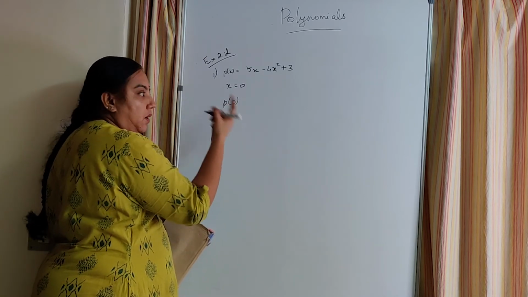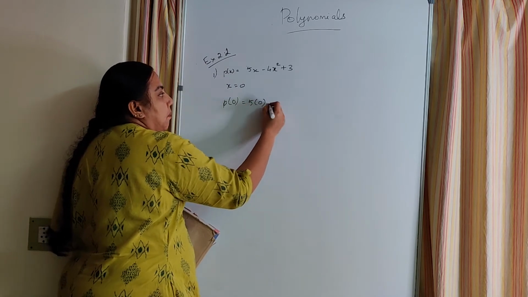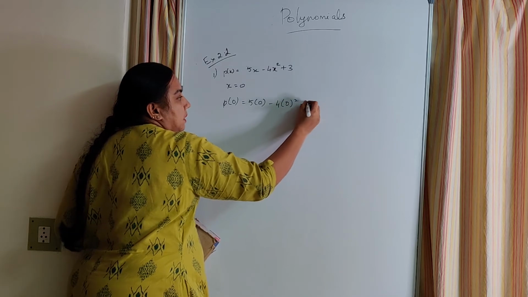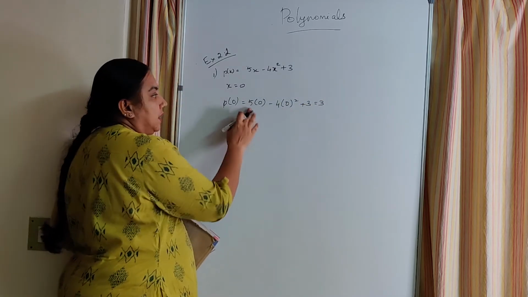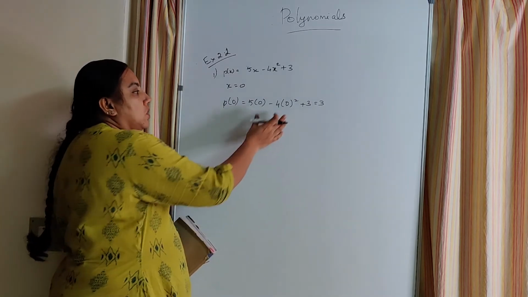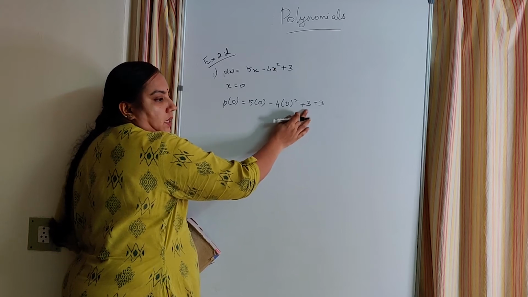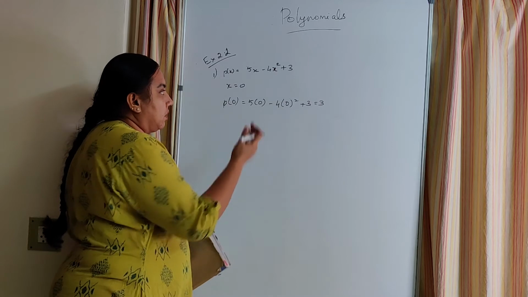So I write it as P of 0 is equal to 5 into 0 minus 4 into 0 square plus 3. And so the value becomes 3. Anything multiplied with 0 is 0. So these both the terms become 0, and this constant term doesn't change. So I write only that constant term and it's equal to 3.